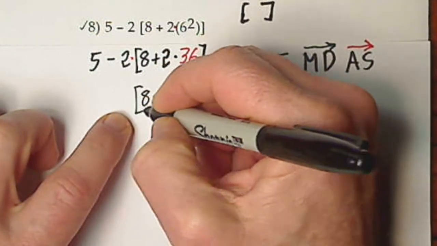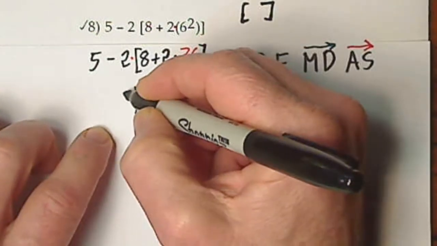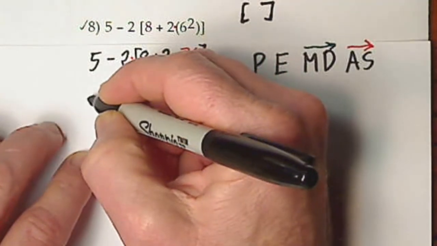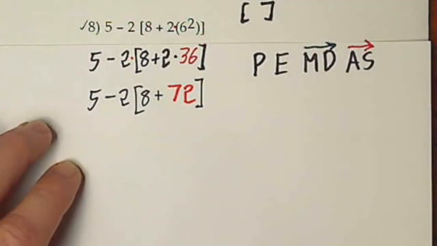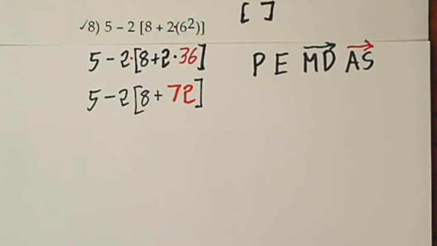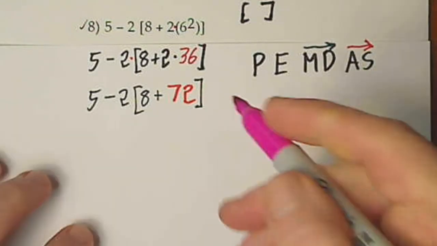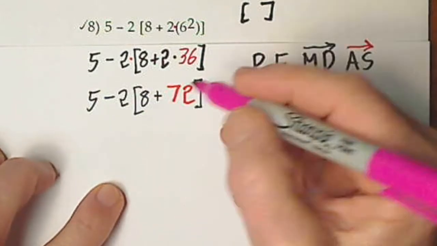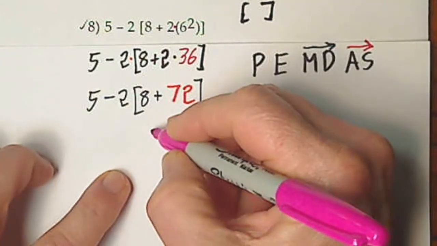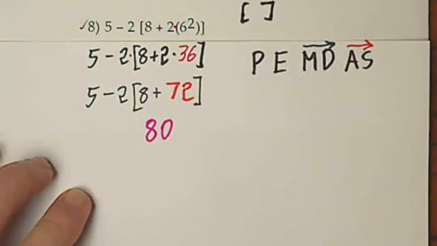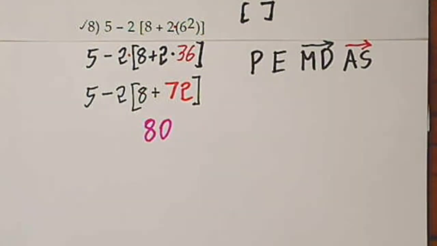The 8, the 2, and the 5. Again, within parentheses, we'll do whatever shows up first. We have 8 and 72. The signs are the same, so we add and keep the sign. That gives us a positive 80, and we'll bring down whatever we haven't used.